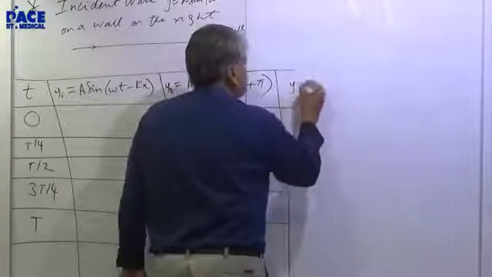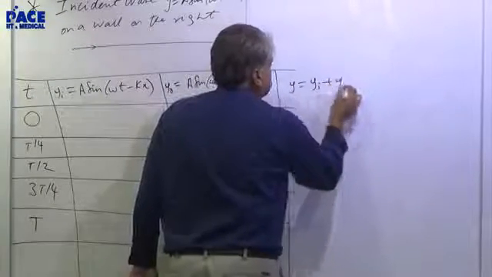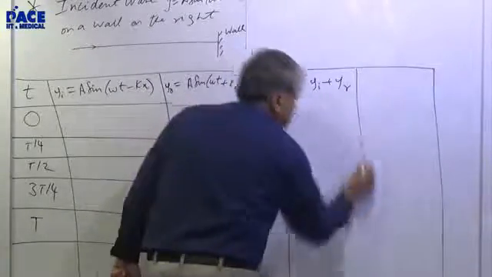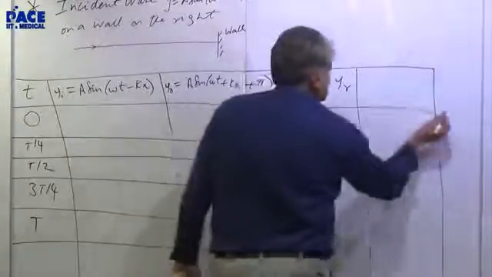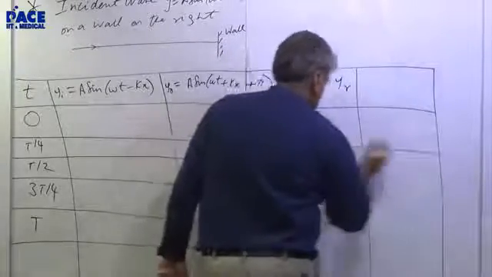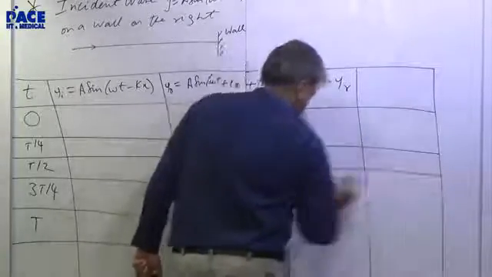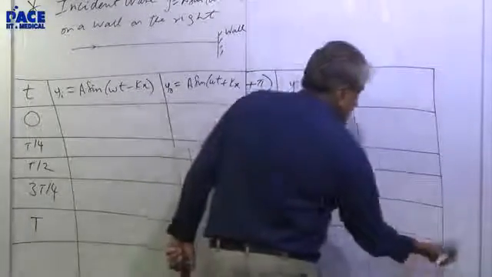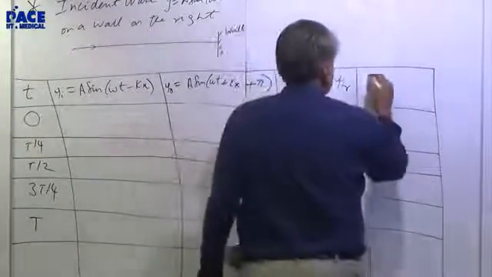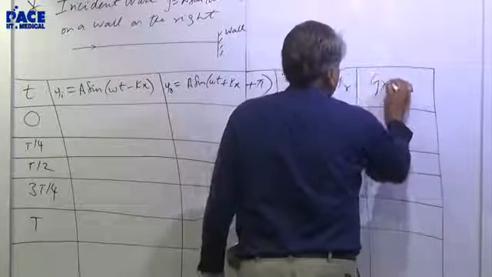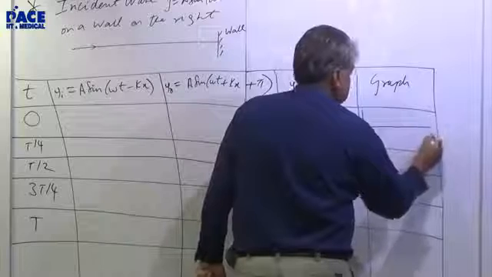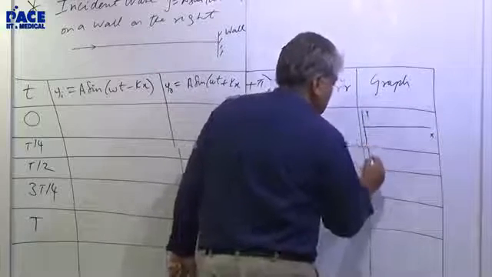And then what happens is yi plus yr, and then you will have a graph. So make sure you are drawing a table with so many columns and rows. We will fill these, and as we fill it, we'll be able to appreciate what is happening. That's the graph, between y and x.